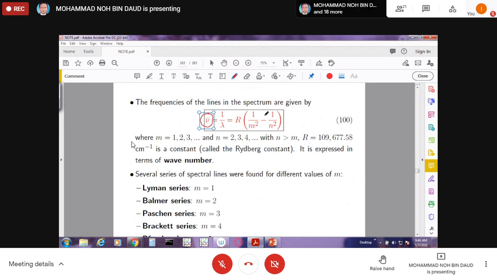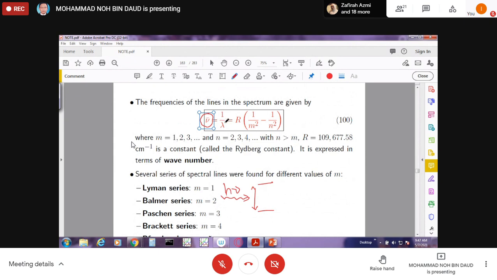In spectroscopy and also in quantum mechanical calculation, the most important is the difference. What you can read in the spectra is the energy difference.